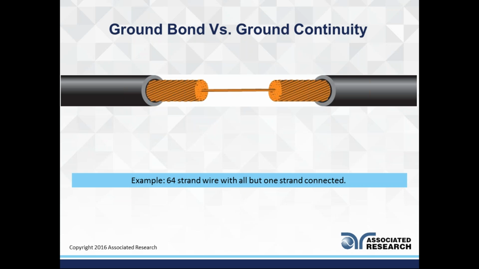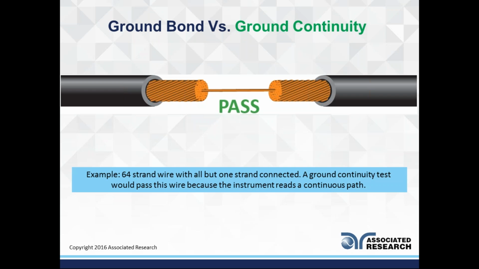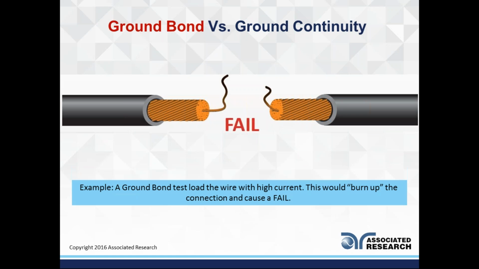This is a 64-strand wire with all but one strand disconnected. Ground continuity you're going to pass because the instrument still reads a continuous path, while in ground bond that is going to burn up because the resistance of that one wire is just way too high to handle that current.